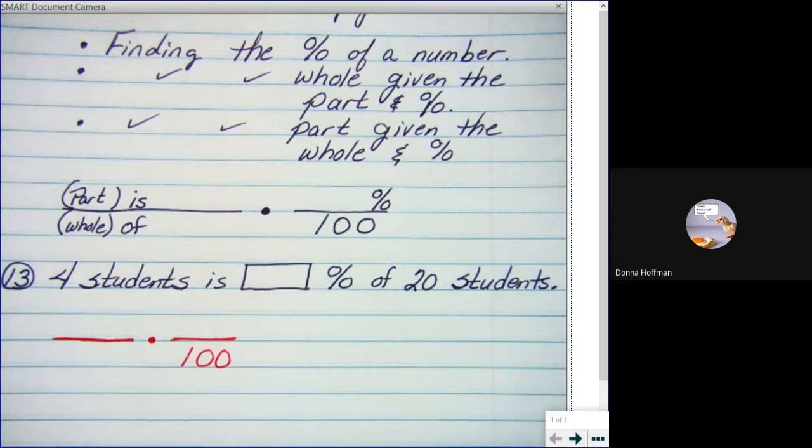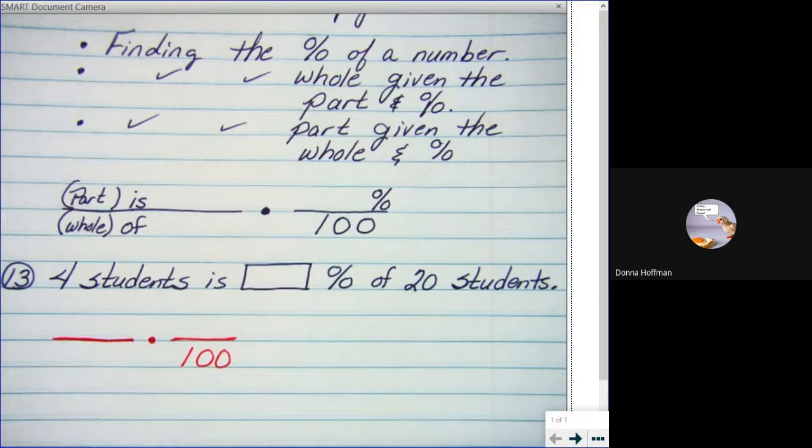Okay, so I'm going to ask, where's my purple pen? Green and purple and red. I think that'll work. Sam, I'm looking for the is and the of and the percent. Tell me one of them. You pick.